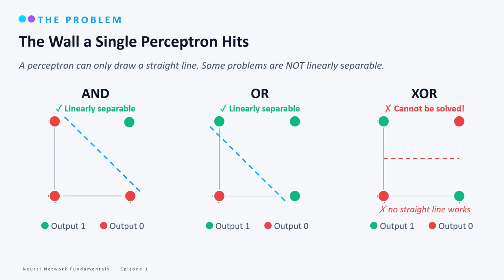Try it. Go ahead. Pause the video. You can't. It is impossible. This problem actually killed AI research for almost 20 years. People thought neural networks were a dead end. But then someone had a genius idea.